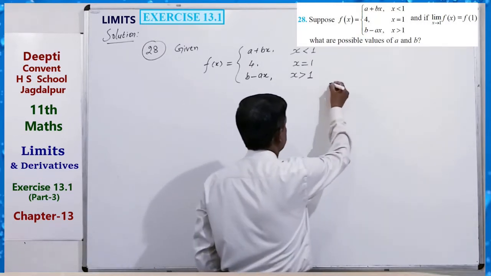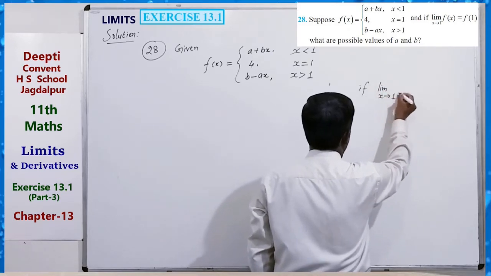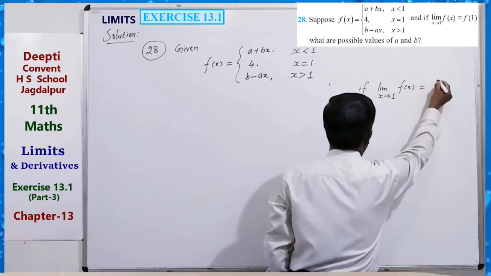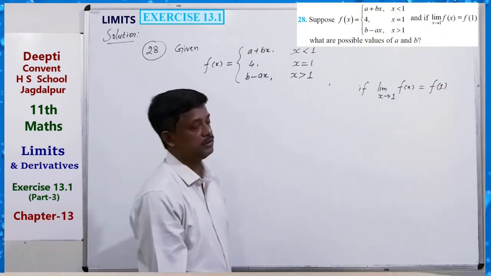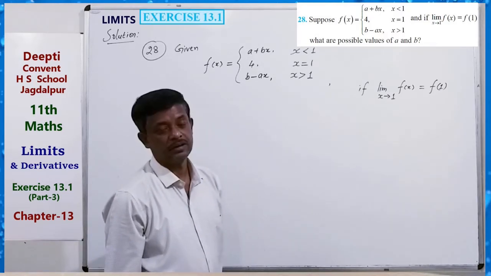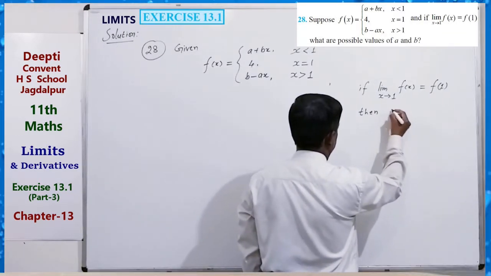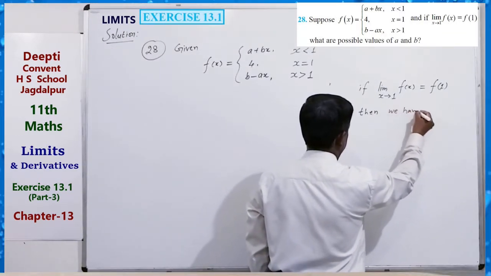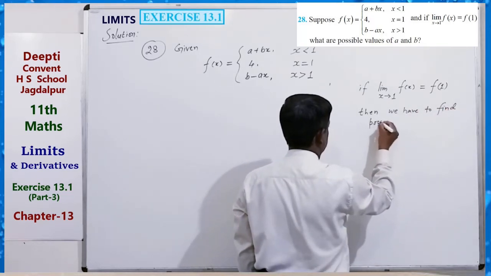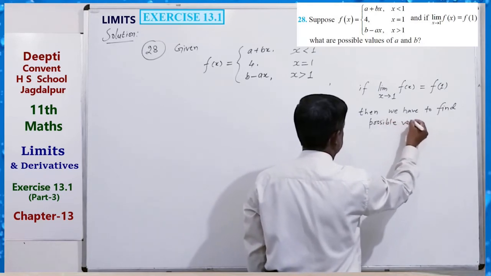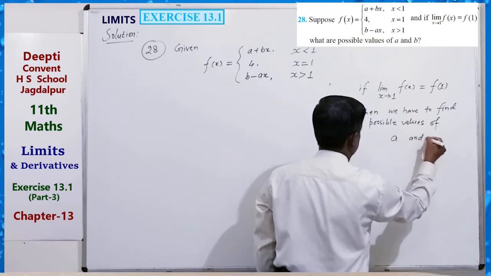So if limit x tending to 1 of f(x) equals f(1), the value of the function at 1 and the limit of the function at x equals 1, then we have to find possible values of a and b.